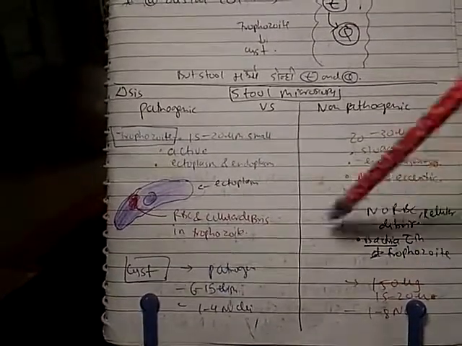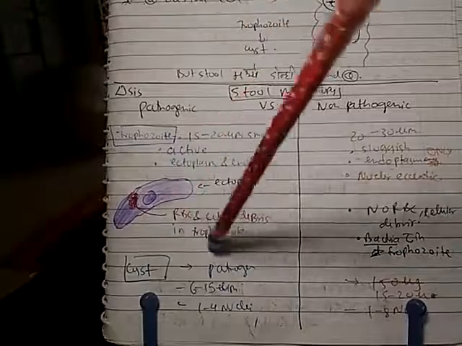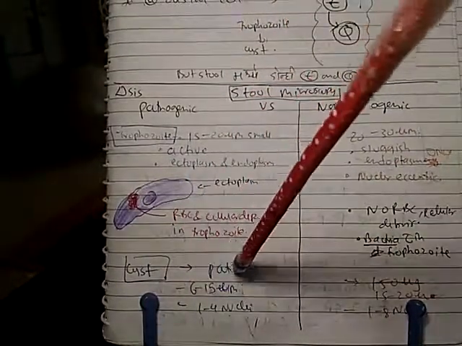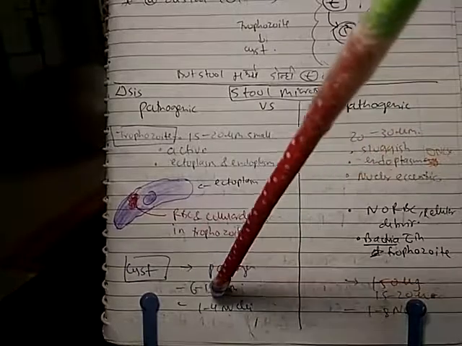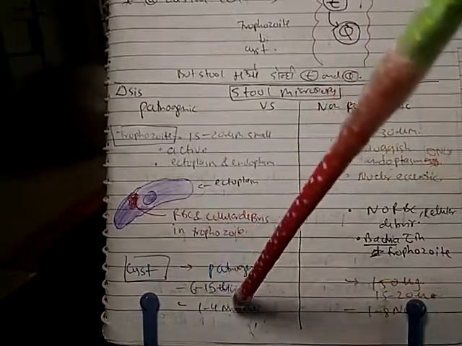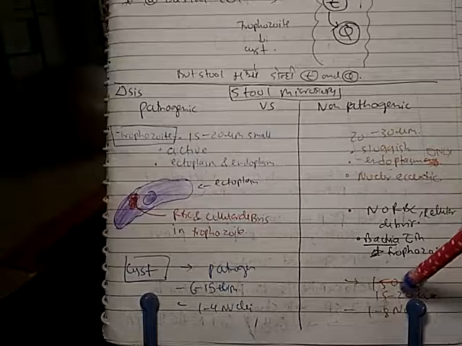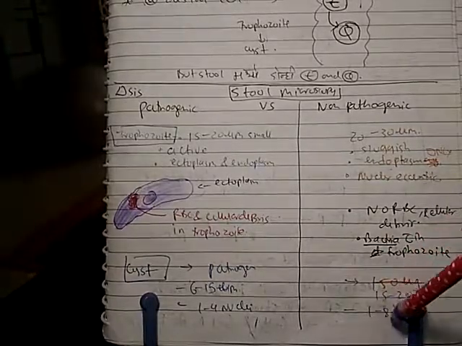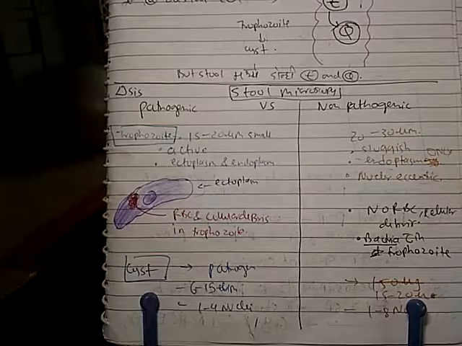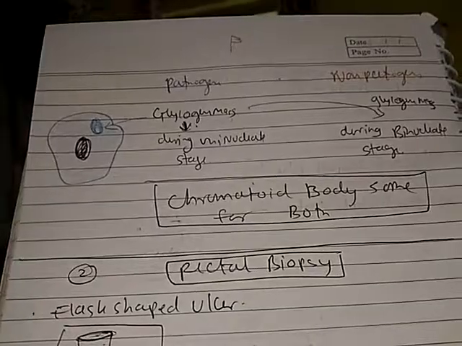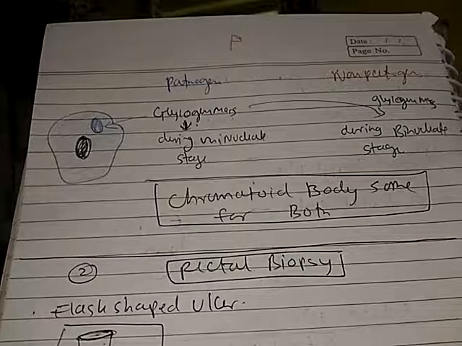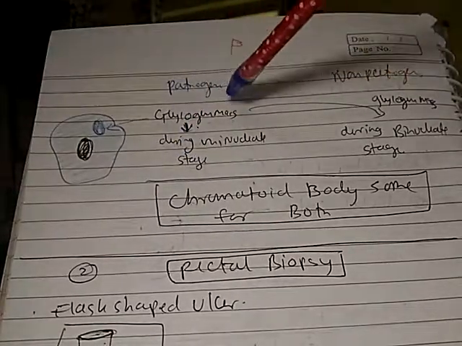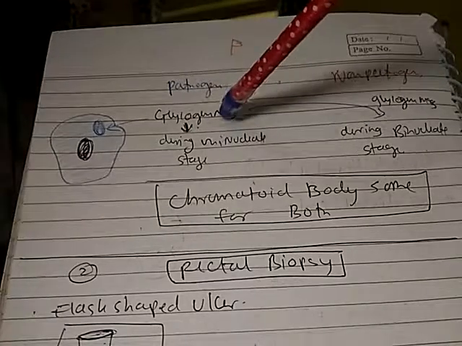So now this is all about trophozoite. Now cyst of the pathogenic strains will be 6 to 15 micron and have 1 to 4 nuclei. Here the cyst will be larger, 150 micron, and will have 1 to 8 nuclei. Now some more differentiations between this pathogenic and non-pathogenic are glycogen mass.